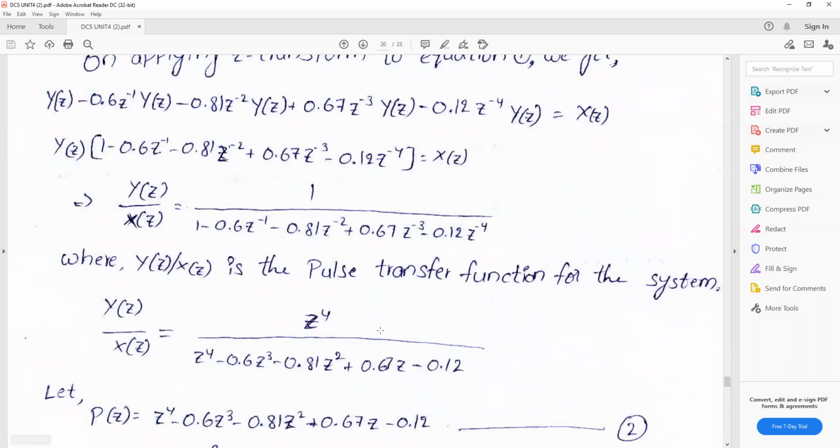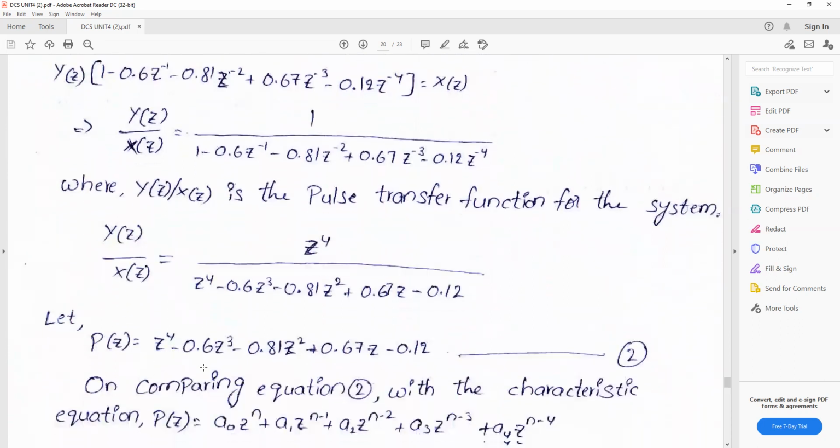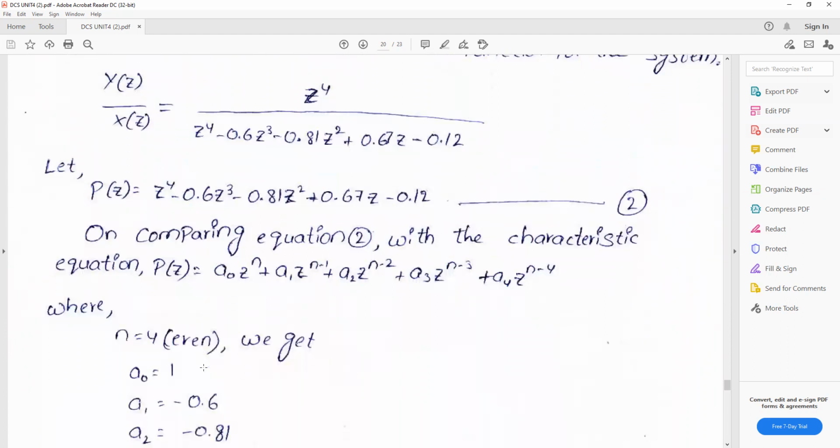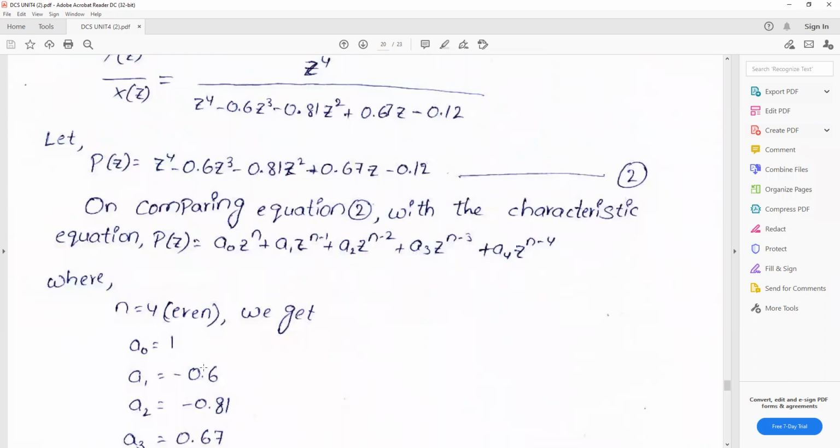So in the denominator polynomial equation, what is the characteristic equation? Z power 4 minus 0.6 z power 3 minus 0.81 z square plus 0.67 z minus 0.12.